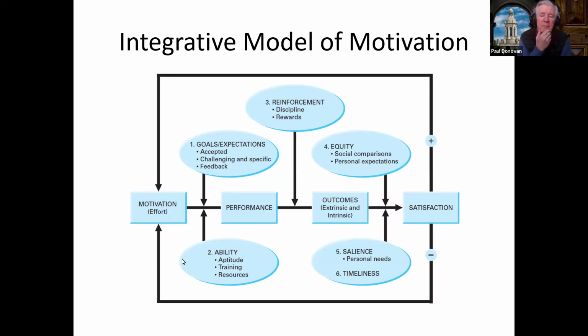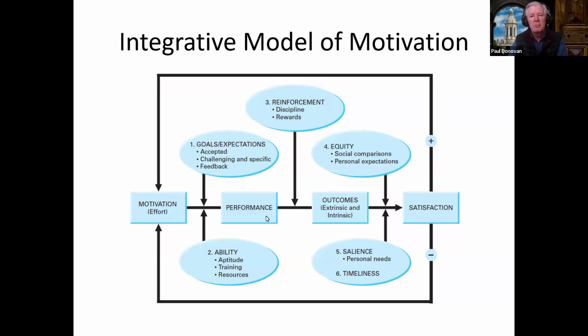So what the managers are trying to do in order to get that question answered yes is build up the ability and the aptitude of the individual employee by giving them training and resources so that it adds to their confidence and their competence. And the question then becomes more likely to be answered in a yes frame when the employee asks, if I put the effort in, will I be able to do it?